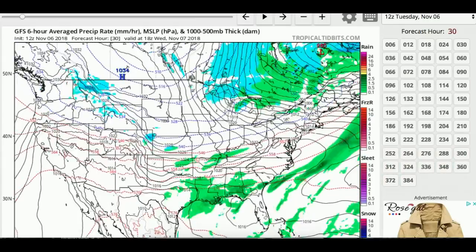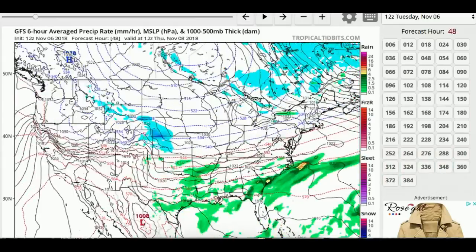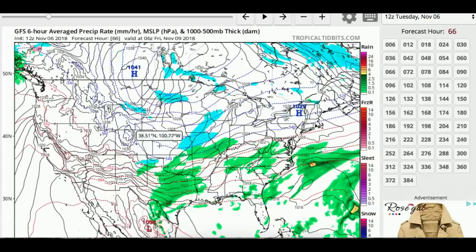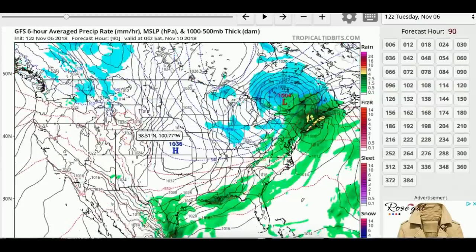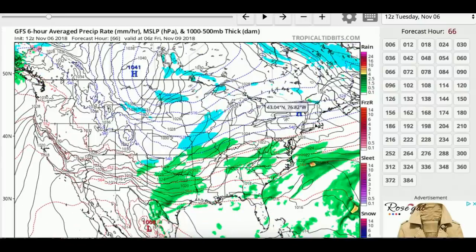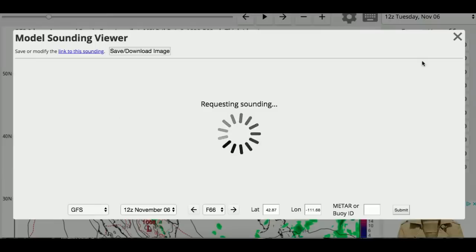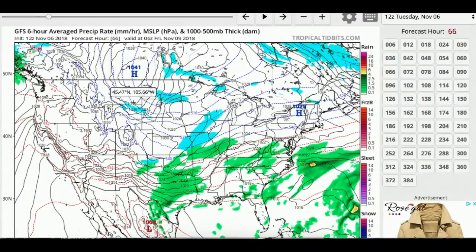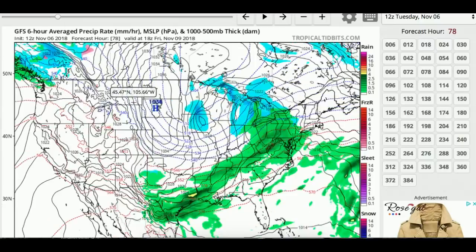So we pass through this. You could see the storm pushes on through, and we start getting this little tiny system. Not much moisture at all with this. It does strengthen once it reaches out into the coast of the northeast, but as it is here in the Midwest, there's not much precip, it doesn't have much to work with, and it only strengthens later on.